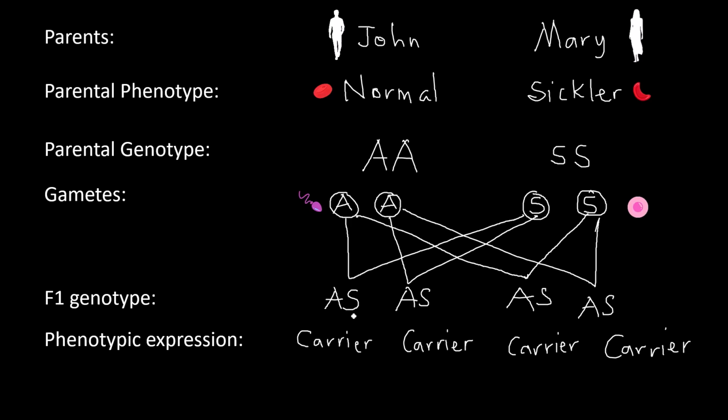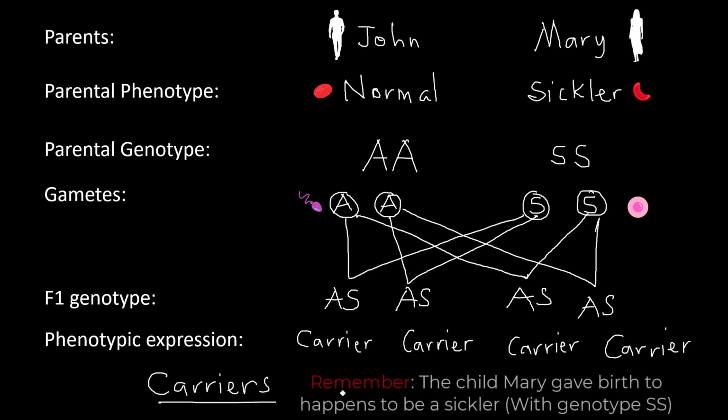So what is our conclusion? From the diagram, all the children that John and Mary can have can only be carriers. They can only have the trait, but not show it. So now, let's pass our judgment.